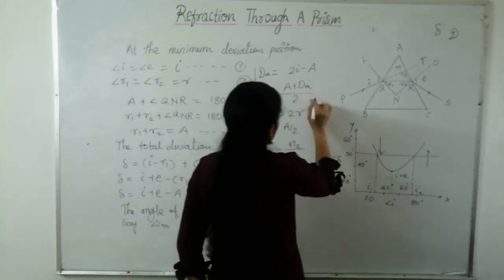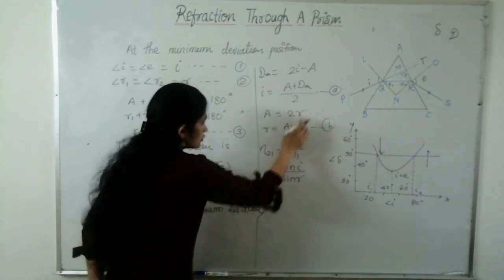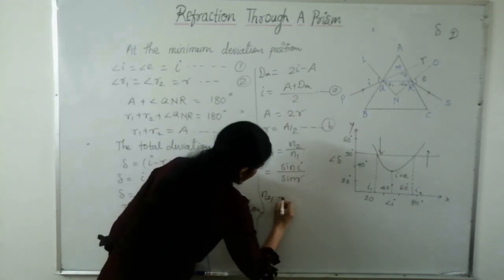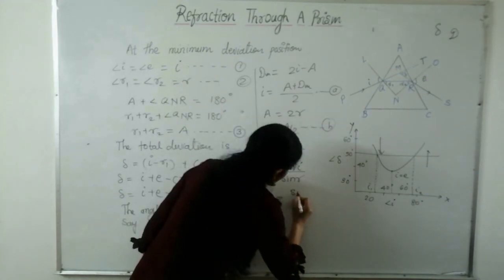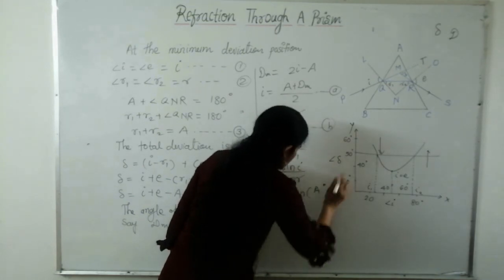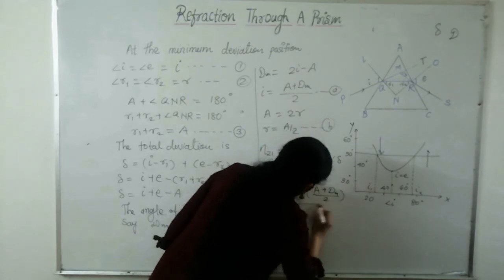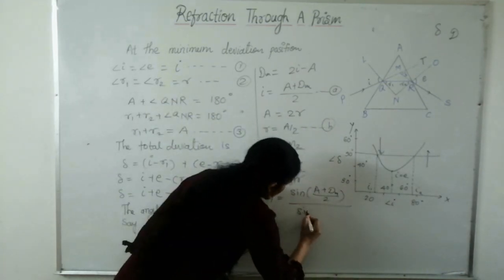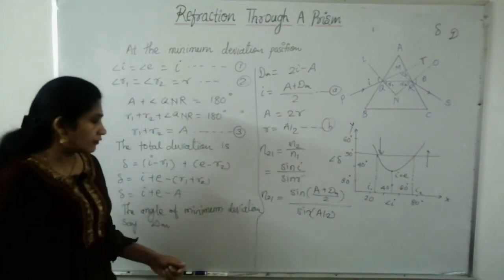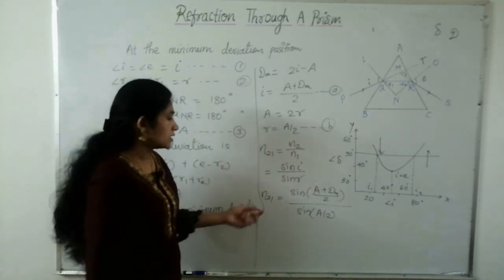Let's say this is equation A and this is equation B. So from equations A and B we can write the refractive index of the prism is equal to sine of (A plus dm) divided by 2, whole divided by sine of r, and the value of r is A by 2. So if we know the minimum deviation angle, we can find the refractive index of the prism.